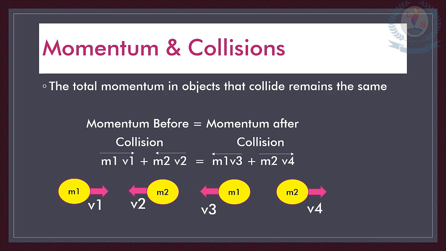When the objects m1 and m2 come toward each other from opposite directions, these two objects collide, and afterwards the total momentum remains the same. Therefore, we can get the momentum after the collision as m1 multiplied by v3 plus m2 multiplied by v4.